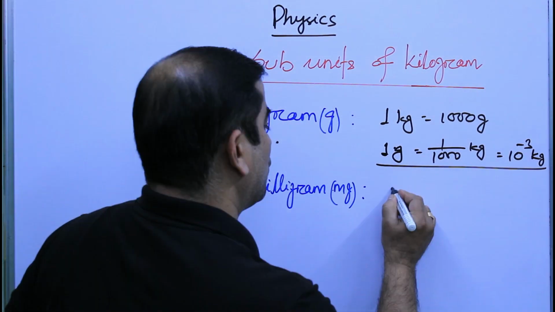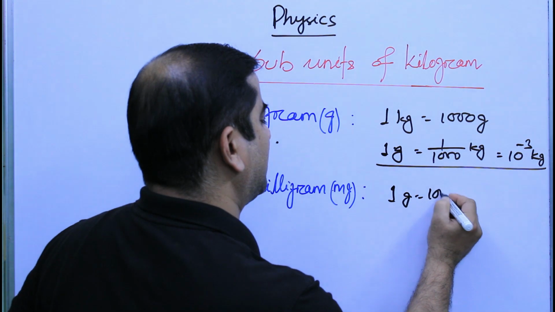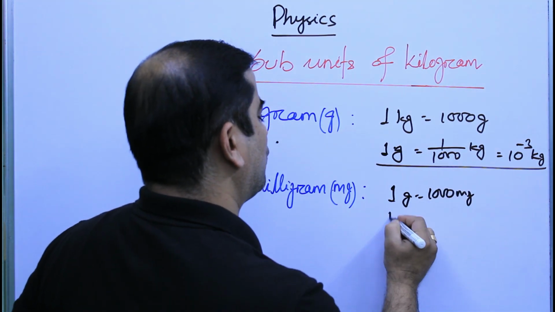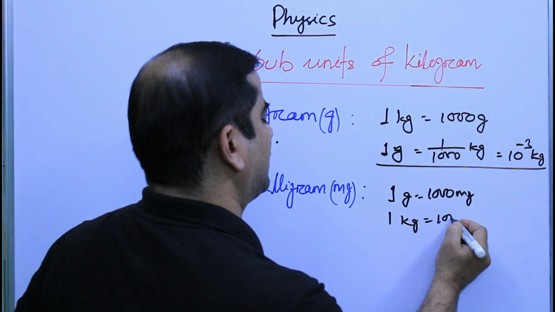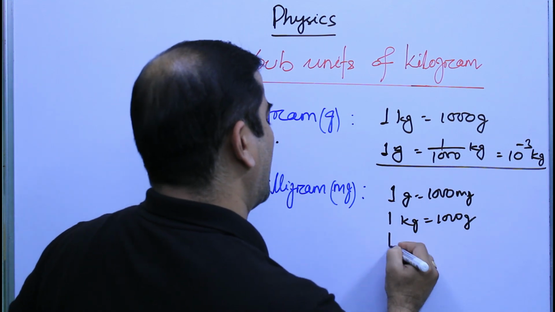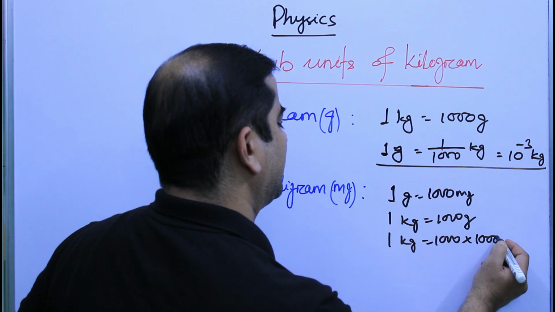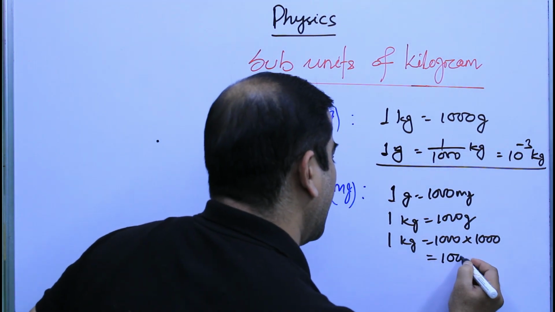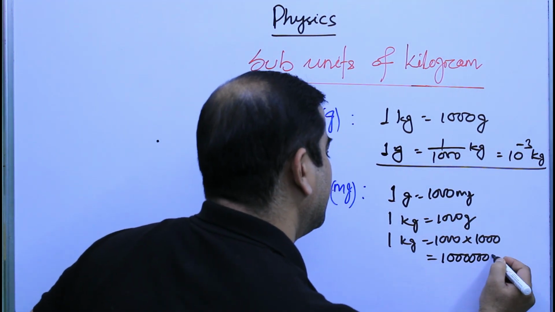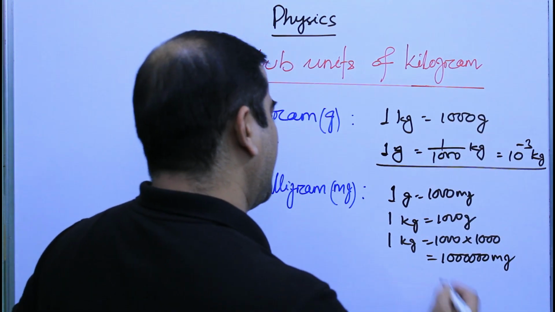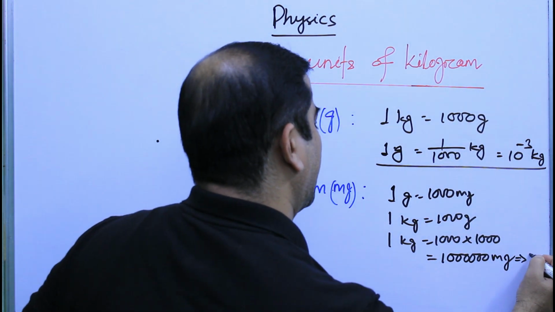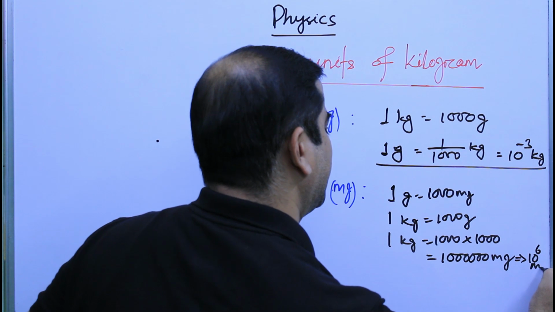In the same way, milligram: 1 gram is equal to 1000 milligram and 1 kg is equal to 1000 gram. So 1 kg is equal to 1000 into 1000, that is 10 lakh milligram, or we can write it as 10 to the power 6 milligram.